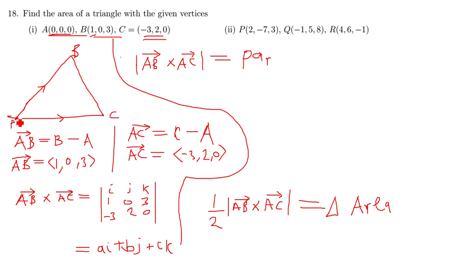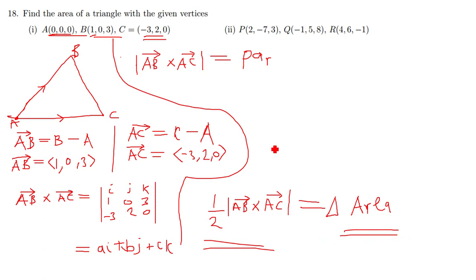In this case, I took A. That's the reason I found AB and AC, and then I crossed AB and AC to find the area of a parallelogram, and after that I divided it by 2 in order to find the area that has been asked in the question.